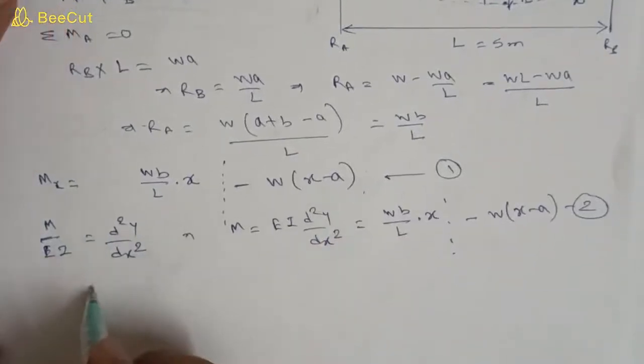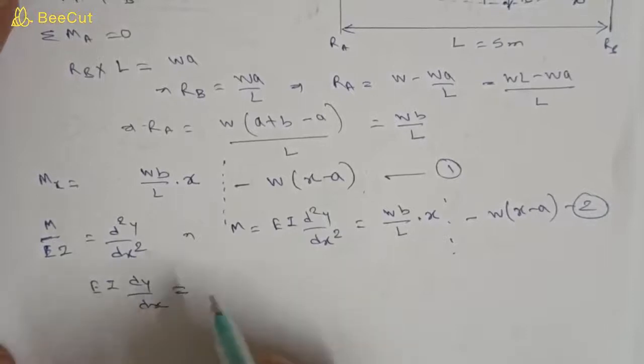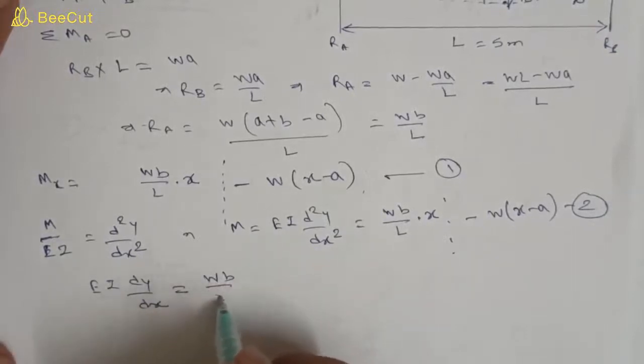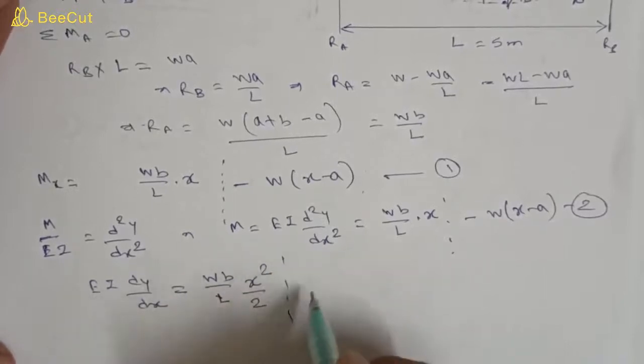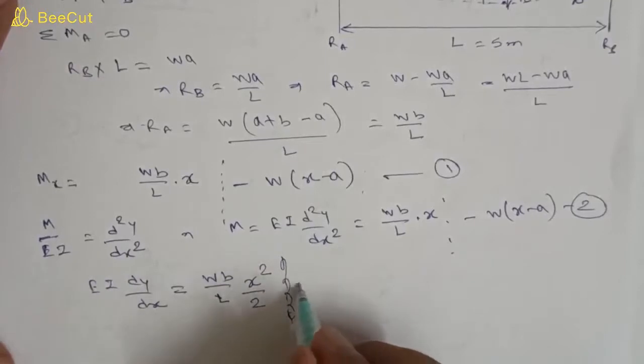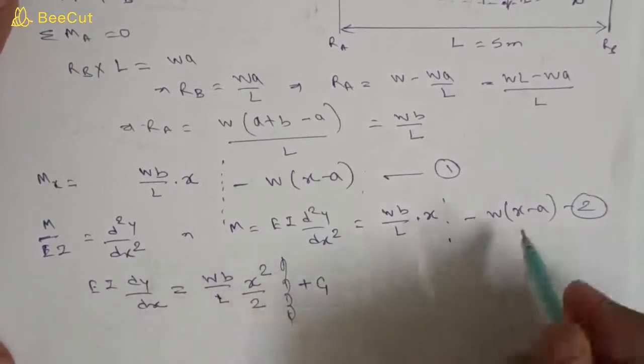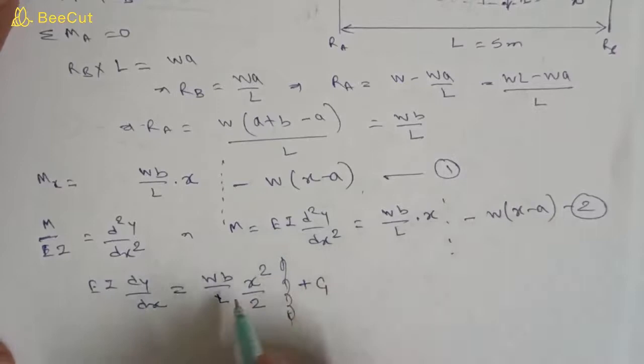So we will find EI into dy by dx is equal to WB by L into x square by 2 dotted line. Sorry, we have to add the constant of integration here, plus C1. We should not add it in the last; we have to add C1 just after the first term.